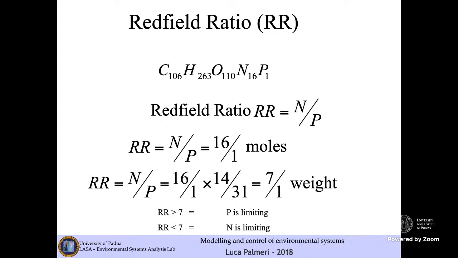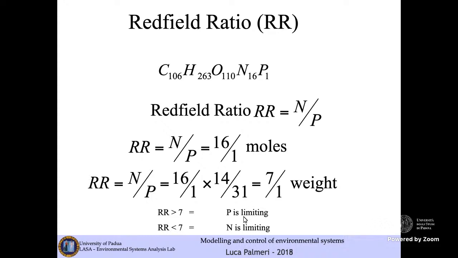In particular, if the Redfield ratio calculated in weight is larger than 7, there is an abundance of nitrogen in your system and a lack of phosphorus. In this case, you may say that phosphorus is the limiting nutrient.